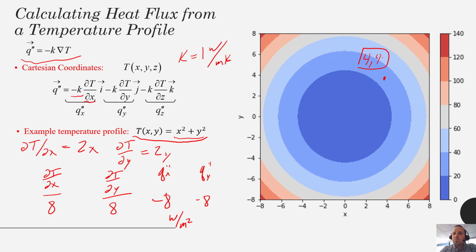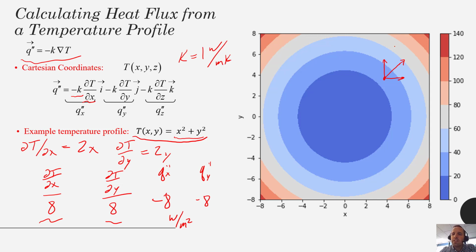So if we looked at this point, our gradient is 8 in the i direction, 8 in the j direction. If we looked at each of those components in terms of just the gradient, our x derivative has a magnitude of 8 and our y derivative has a magnitude of 8. And our composite gradient is going to have this other magnitude, which is going to be bigger than 8.